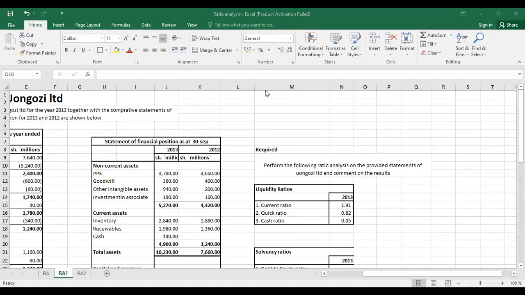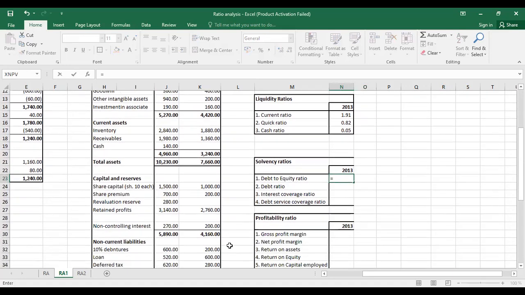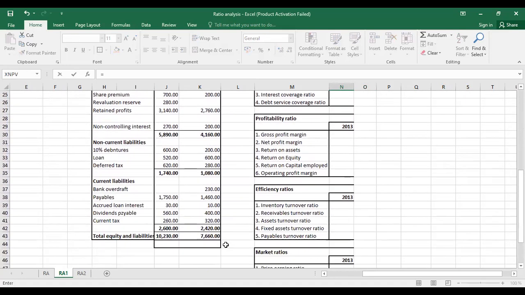Because you can be told maybe a certain ratio was the one used in the forecast, maybe the average of the three ratios. Then debt to equity.